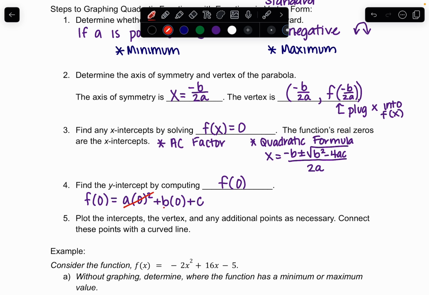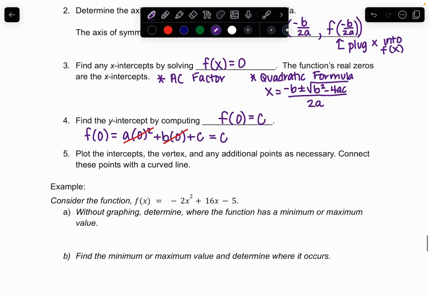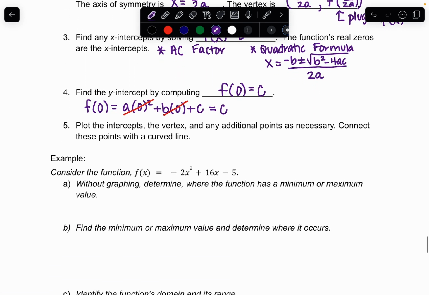B times 0 cancels, so we're just left with c, or the constant. So our y-intercept, we can really just look at our standard form to find it. Then we're going to plot those points, use our axis of symmetry to find additional points if necessary, and then remember we're going to connect with a curved line to make that parabola shape.